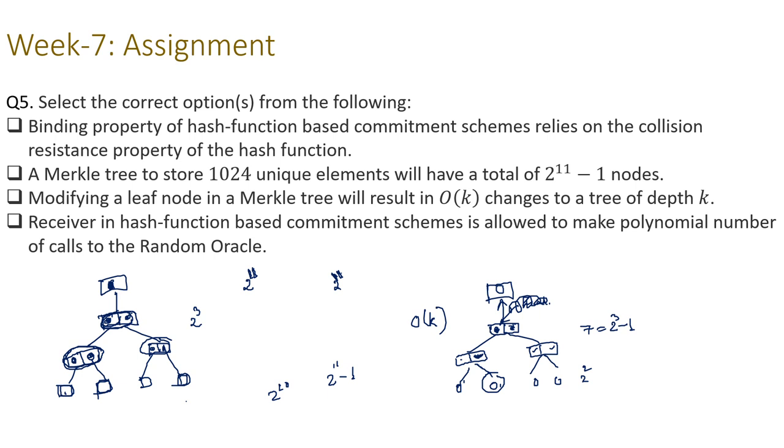Can you just make it clear where exactly the doubt is? So four data nodes are there. These two are hash nodes, nodes storing the hash values of their respective left and right child data nodes. Then this is another node storing the hash value of the content of this whole left node, and this stores the hash of the content of this whole right node.